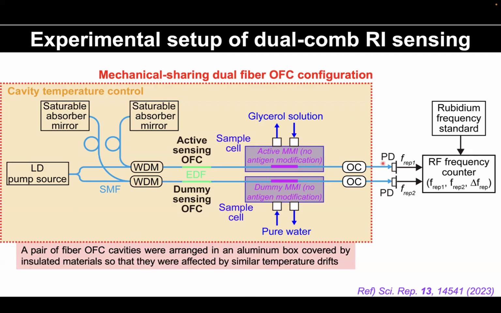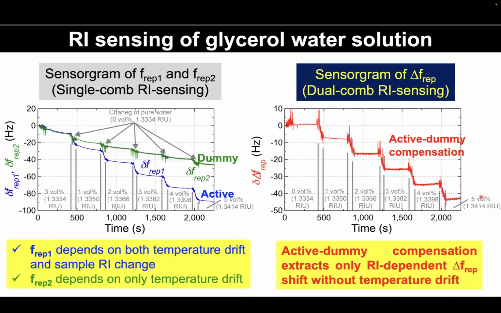FREP1 in the active sensing OFC and FREP2 in the dummy sensing OFC were measured by an RF frequency counter synchronized to the rubidium frequency standard. Finally, the frequency difference between them, namely delta FREP, was calculated as the final sensor signal.